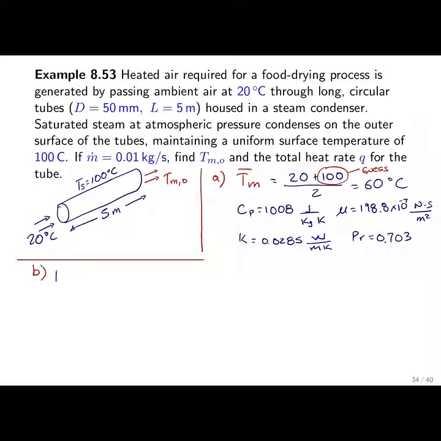Reynolds number, Reynolds D, because it's a pipe, is equal to 4 times the mass flow rate divided by pi multiplied by the diameter and the viscosity. So this is 4 multiplied by the mass flow rate, which is 0.01 kilograms per second, divided by pi, and the diameter is 50 millimeters, so 0.05, and mu, which is 198.8 times 10 to the minus 7.